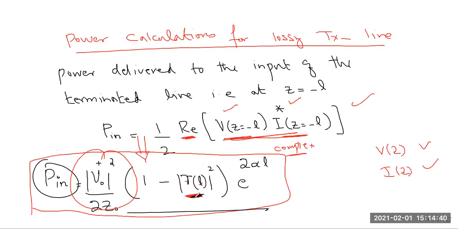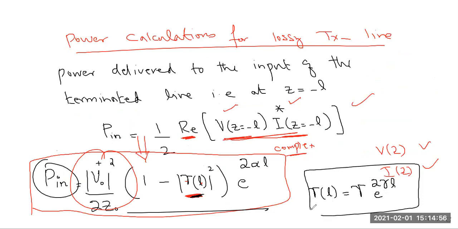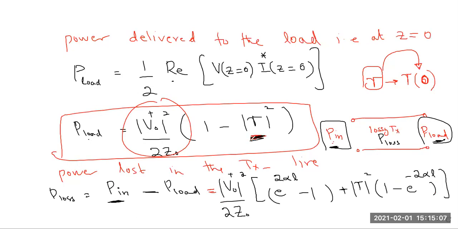We have already proved that gamma l is equal to gamma at the load position times e raised to power 2 gamma l. So in place of gamma l, you can use this, and you can see that gamma at the load is now there in this expression.